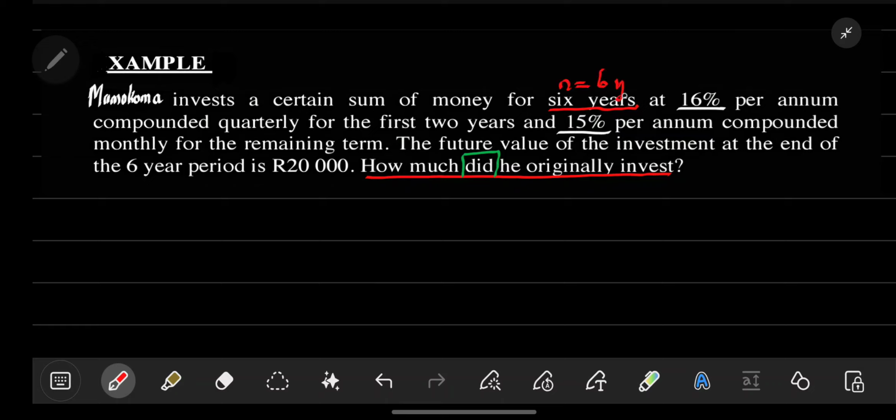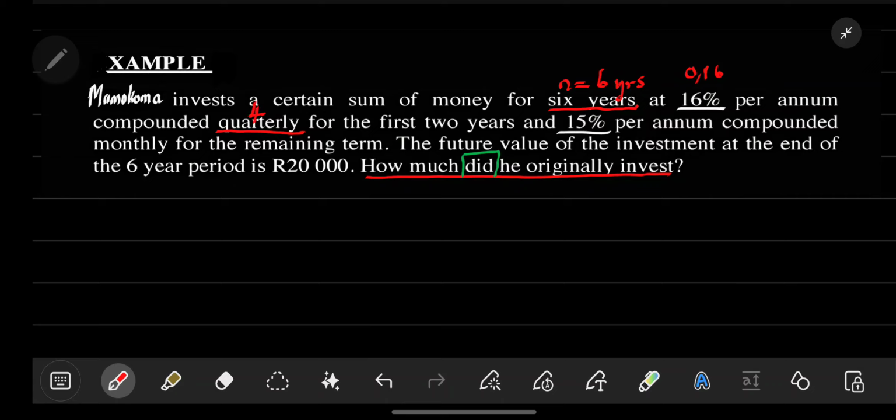At 16% per annum, so we already know that is 0.16. How did we get 0.16? You just say 16 divided by 100, per annum, compounded quarterly. Whenever we see the word quarterly, we talk about what? We talk about 4, because we have 4 quarters in a year.